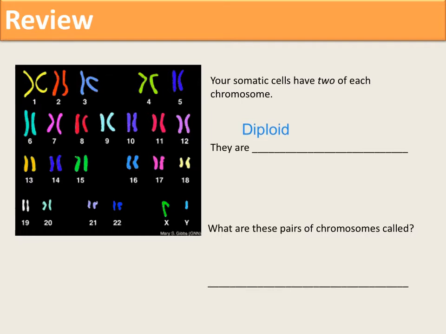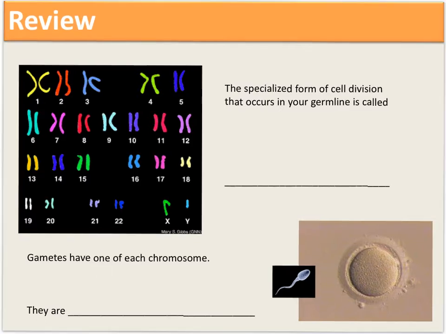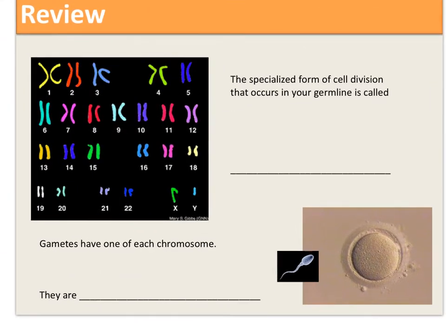Okay. And what are these pairs of chromosomes called? Right. So the specialized form of cell division that occurs in your germline is called mitosis or meiosis?